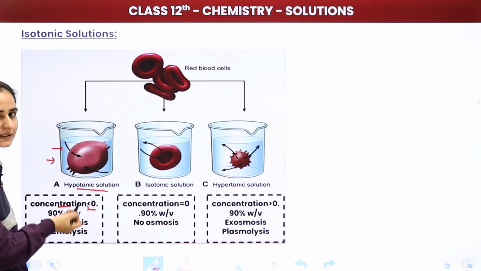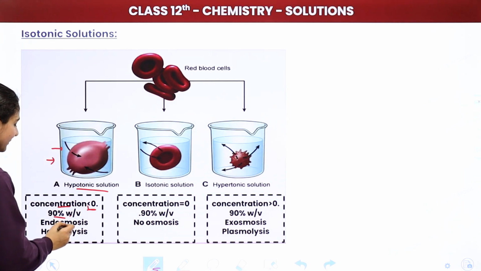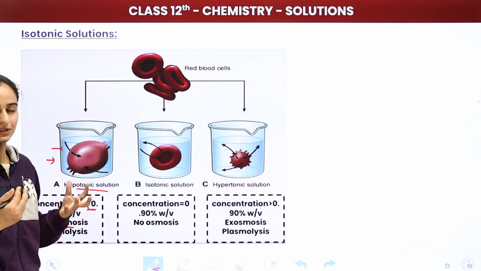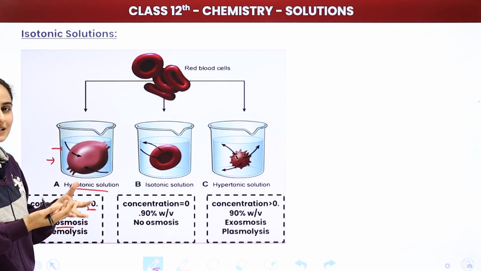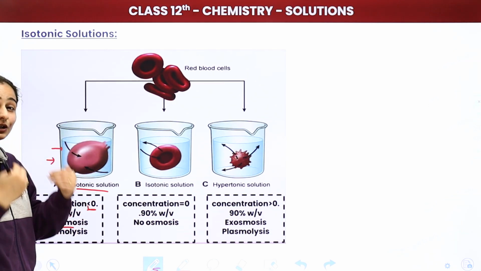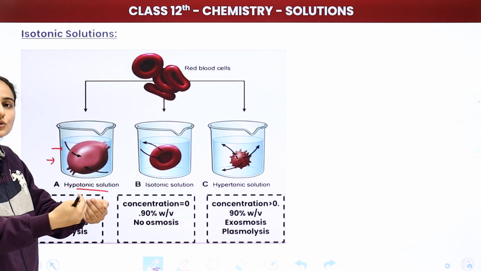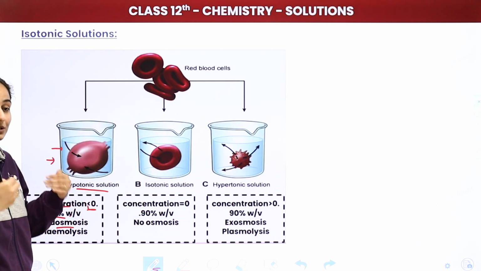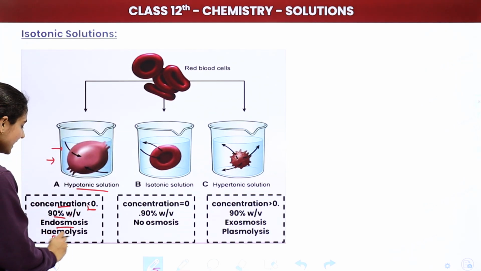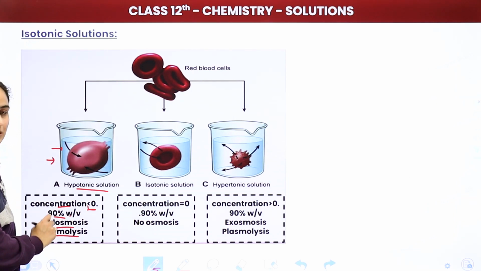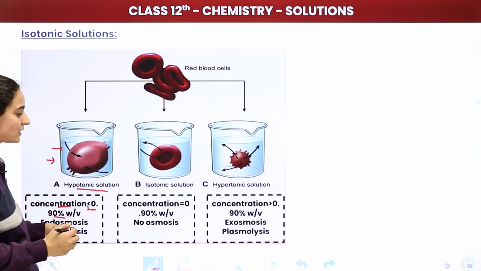We can write weight by volume here, mass by volume also we can write, right? So what will happen here? Endo-osmosis. The water will come inside the cell, because the outside concentration is low than 0.9. So low concentration to higher. Endo-osmosis, water is entering, right? And this is also known as hemolysis, right? This is a biology related term, but we should remember that also.